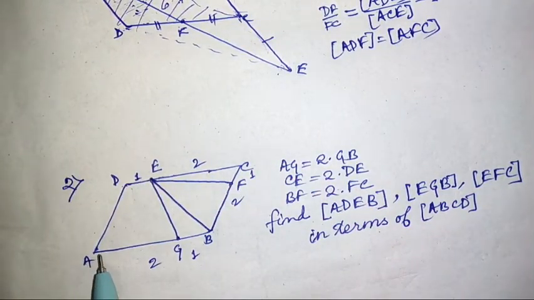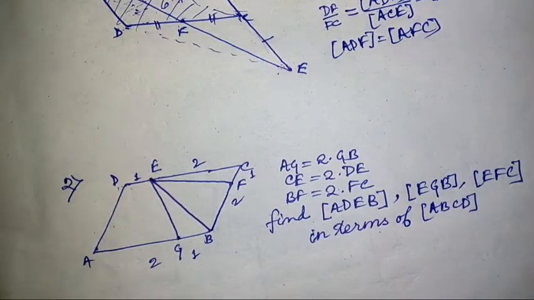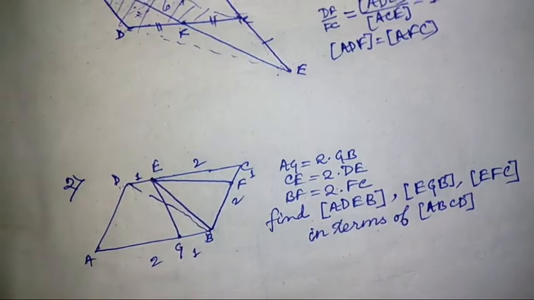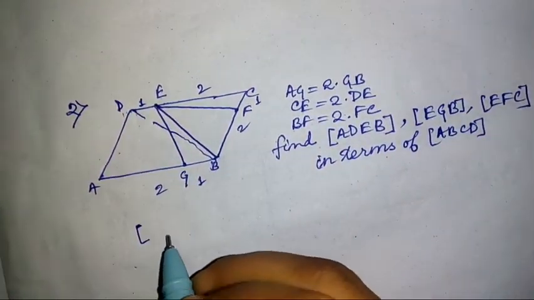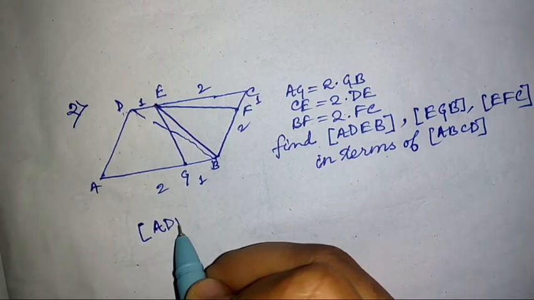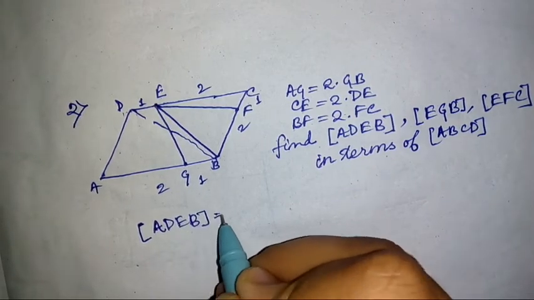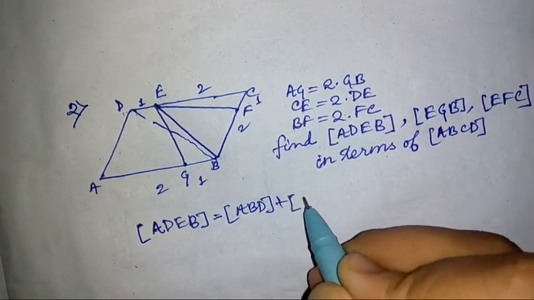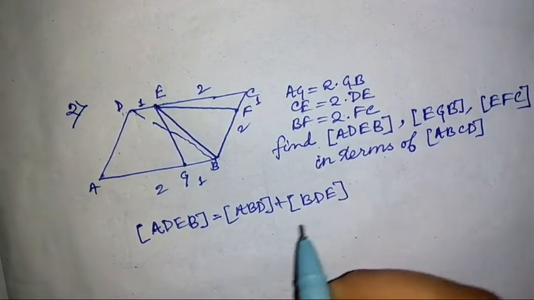If I have to calculate the area of ADEB, I can calculate it in parts. First, if I divide the figure like this, then I can very easily write that the area of ADEB is equal to the area of ABD plus the area of BDE.